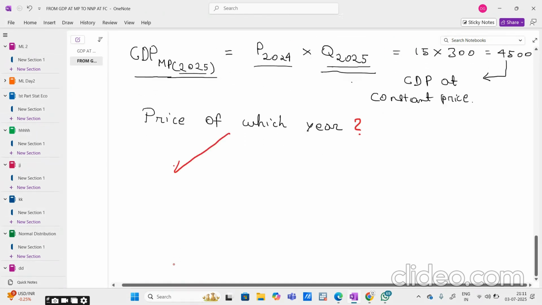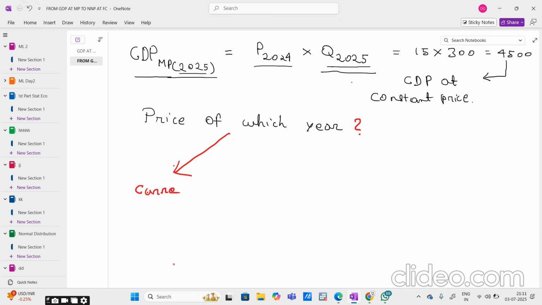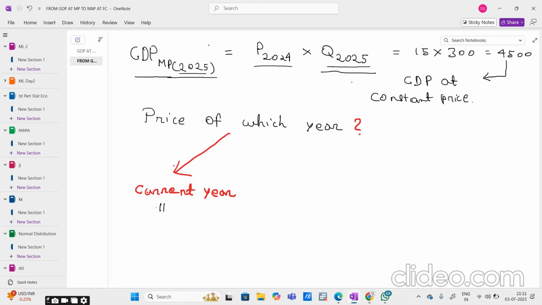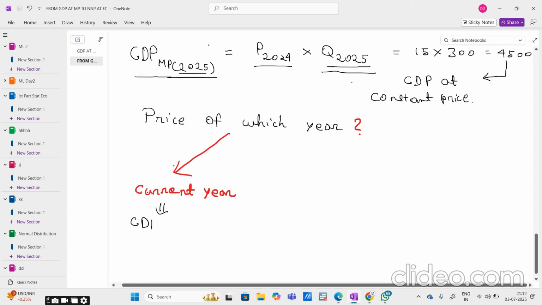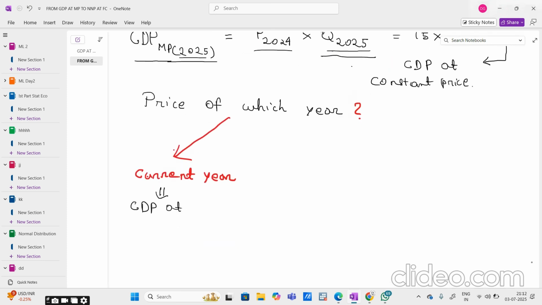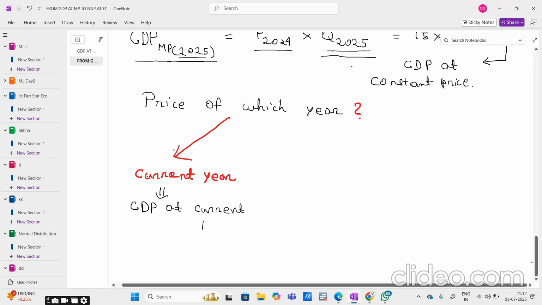If you are using the current year, then it is known as GDP at current price, as I have written it here also. GDP at current price.